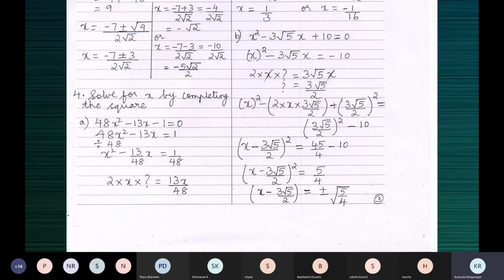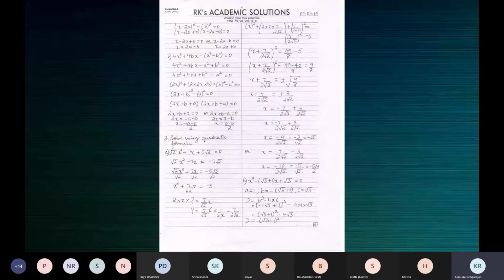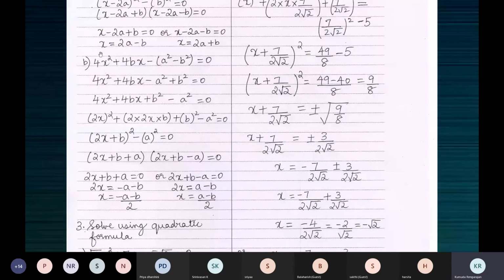So there we saw, okay, let me show you that again. Let's take this for example. So we have 4 terms, 1, 2, 3, 4 terms. We group 3 terms which make a perfect square. Like you can write them as a plus b the whole square or a minus b the whole square. So we group 3 terms accordingly like that, and we have the remaining 4th term separately.